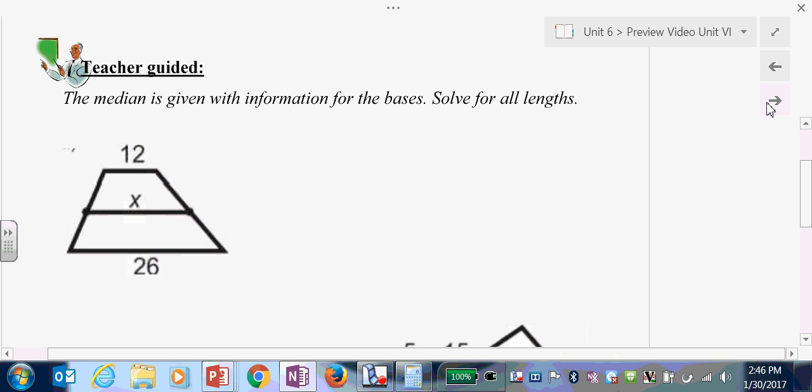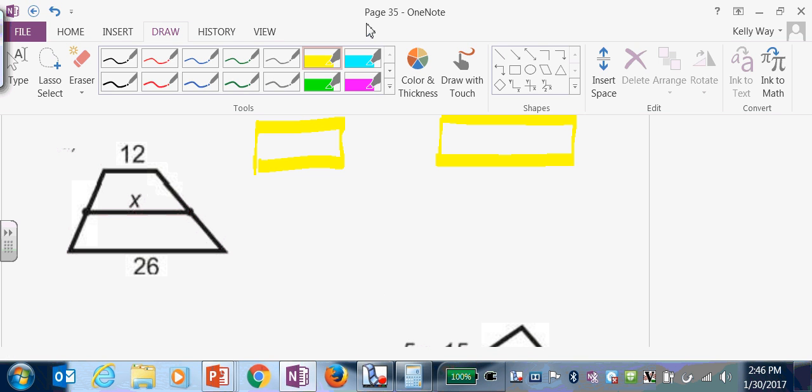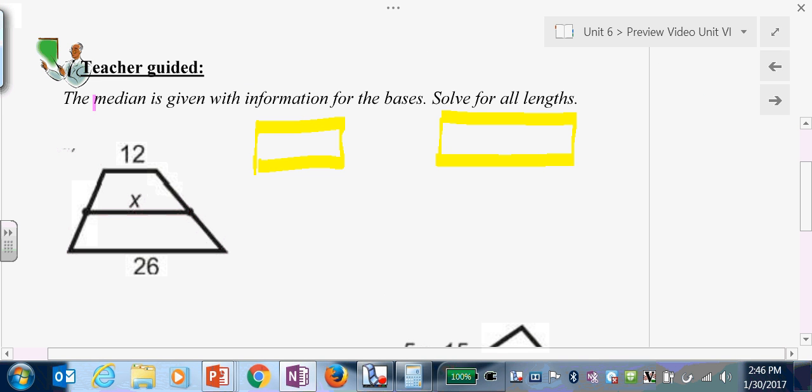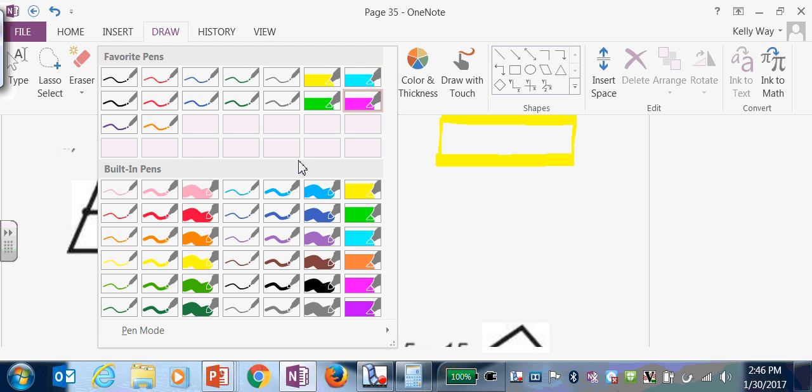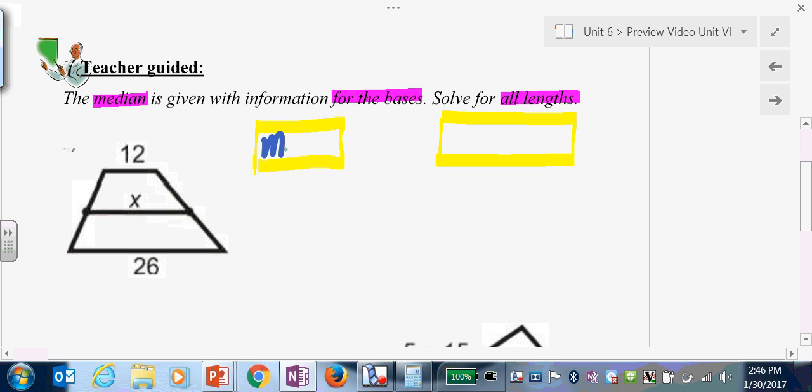Okay, remember equations have 2 sides with an equal sign. So it says right here the median is given with the information for the bases, find all lengths. So let's write this out.